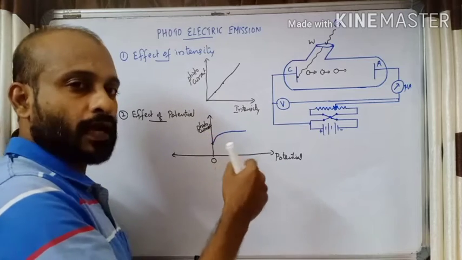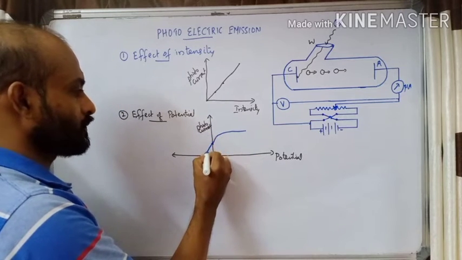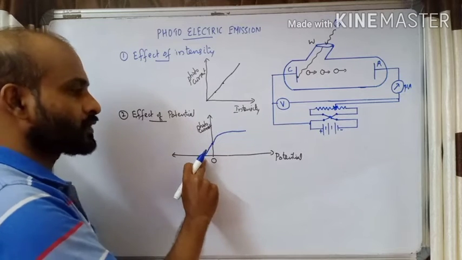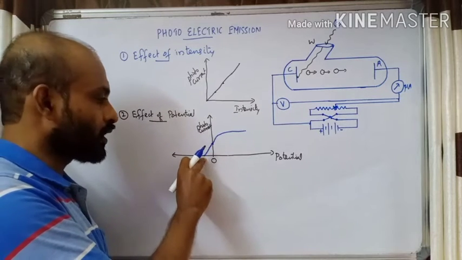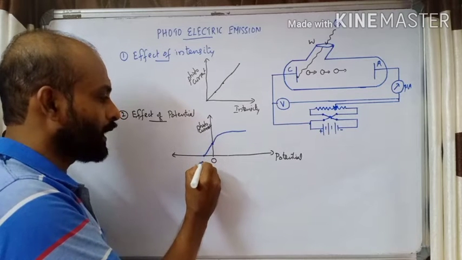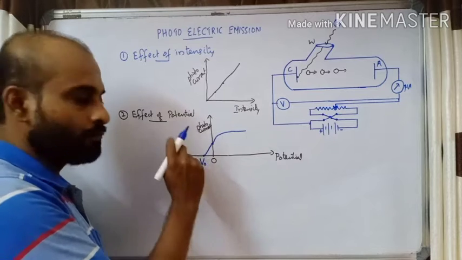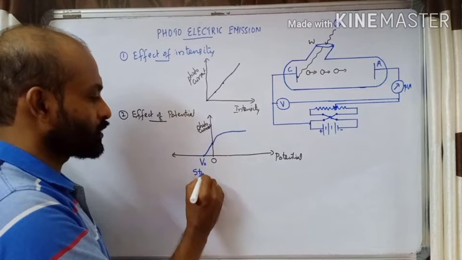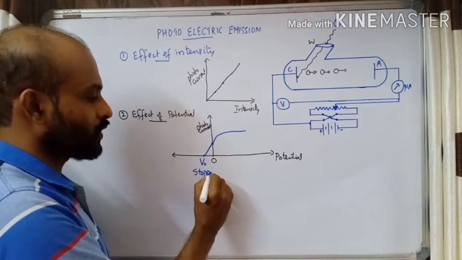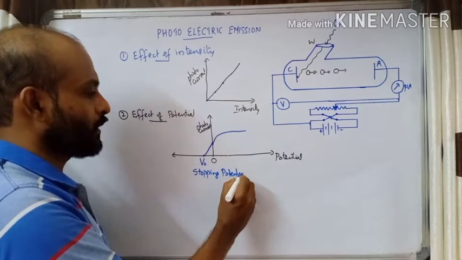But when we increase the negative potential, the photocurrent goes on decreasing. You can see at a particular negative potential, the photocurrent becomes 0. This negative potential which we apply, V0, is called the stopping potential. So what is stopping potential?